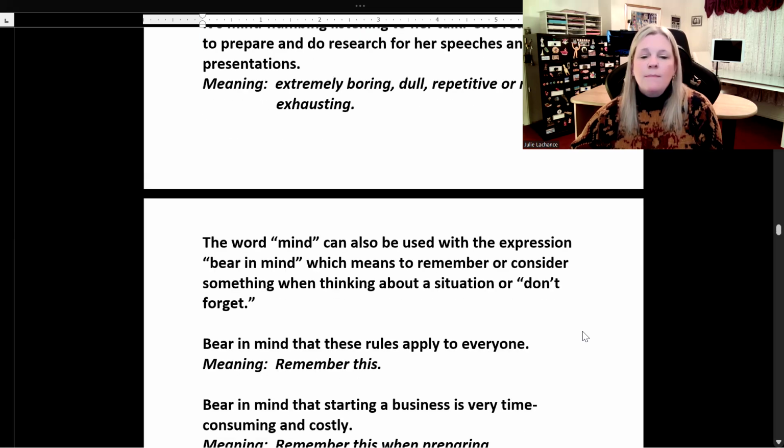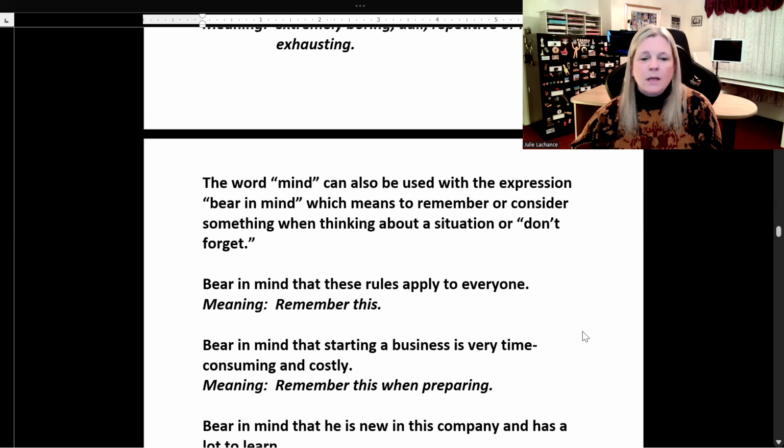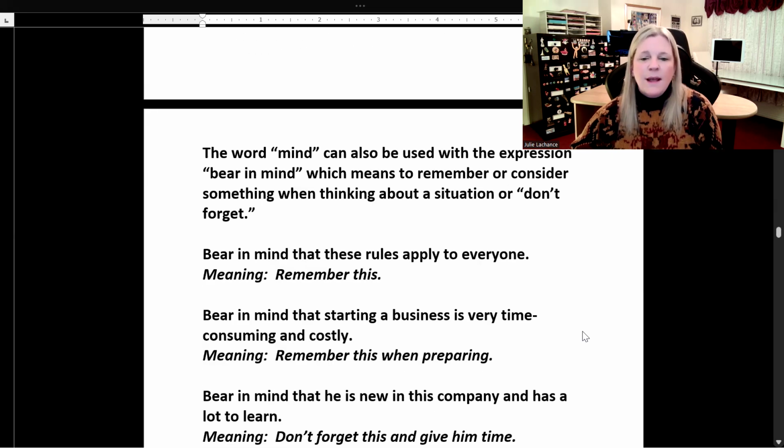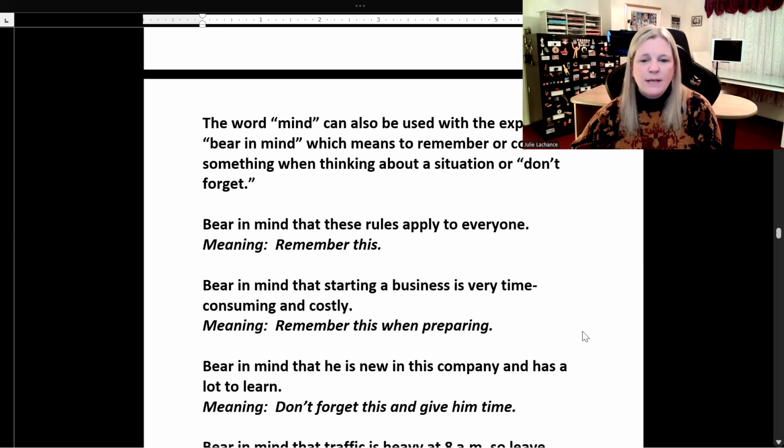Okay, so the word mind can also be used with the expression bear in mind, which means to remember or consider something when thinking about a situation, or don't forget. Bear in mind that these rules apply to everyone, which means remember this.